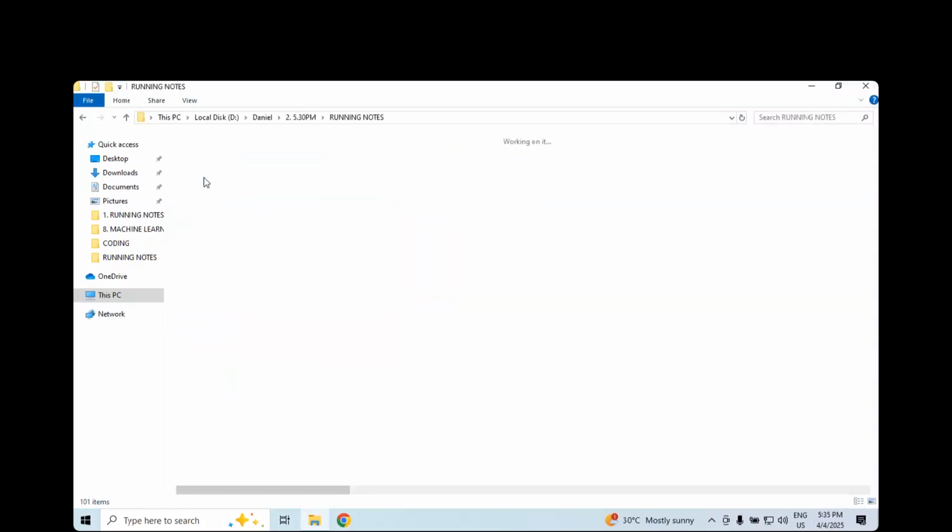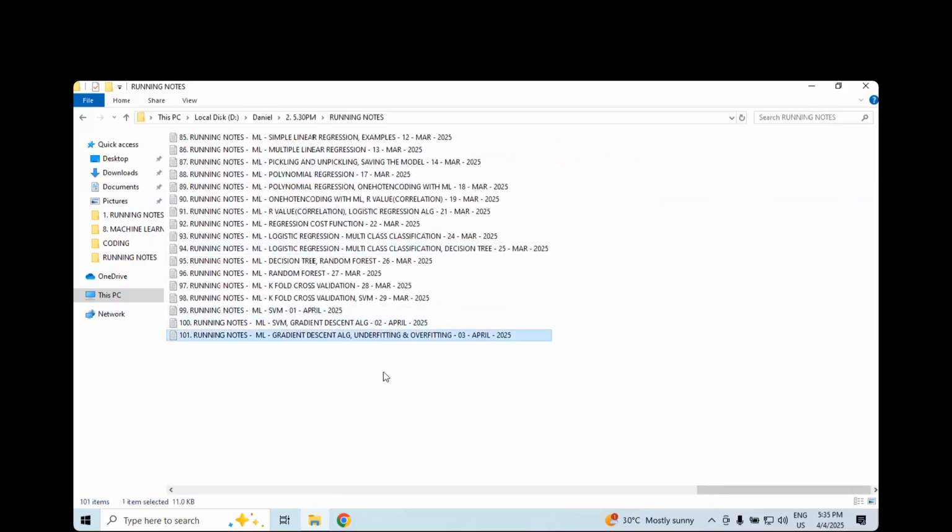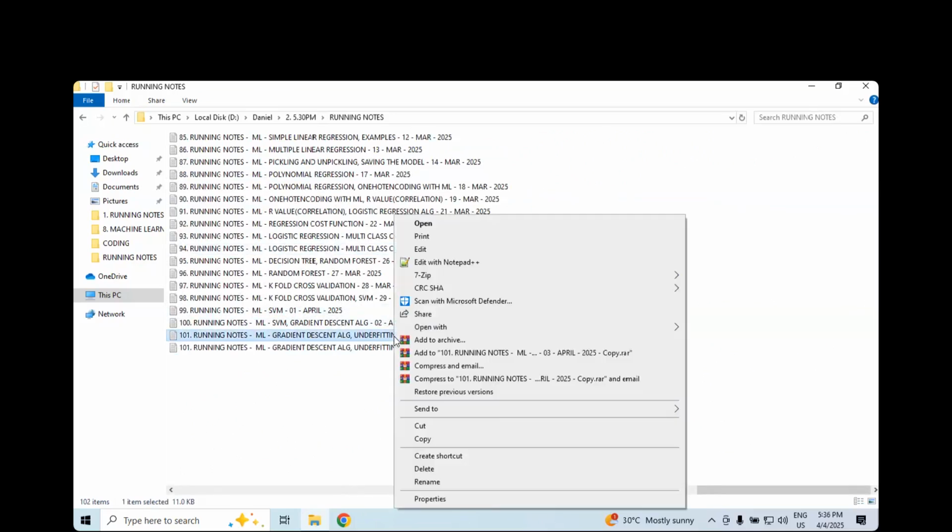I still remember we are running with underfitting and overfitting, right? And bias and variance also, it should be a continuation. It would be the running topic.